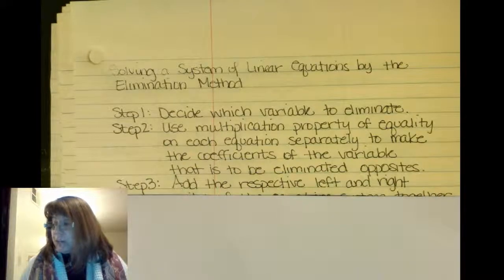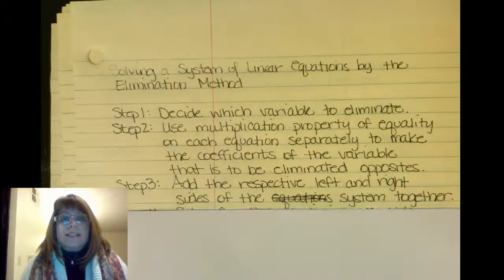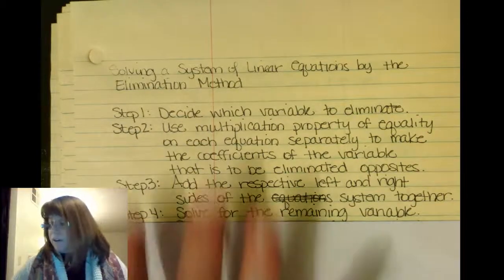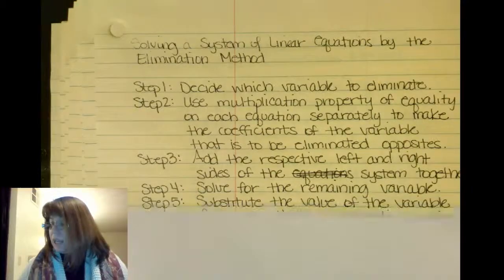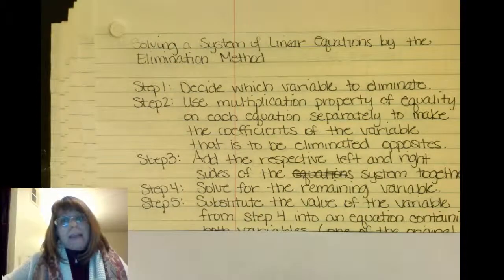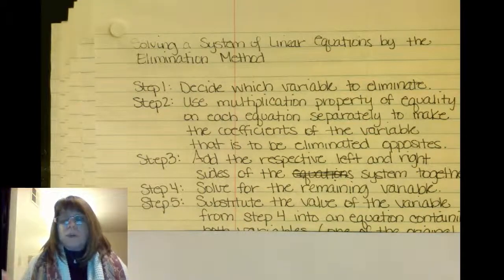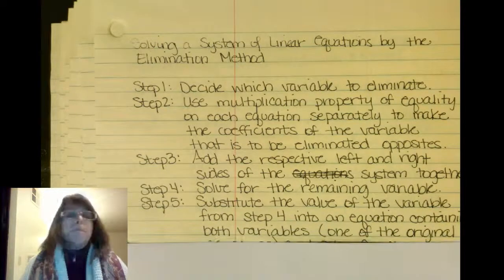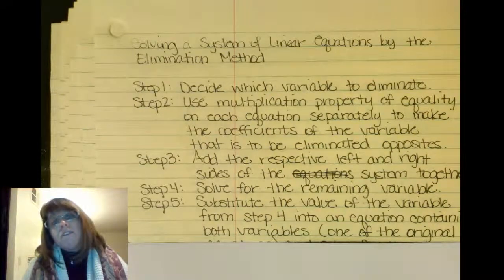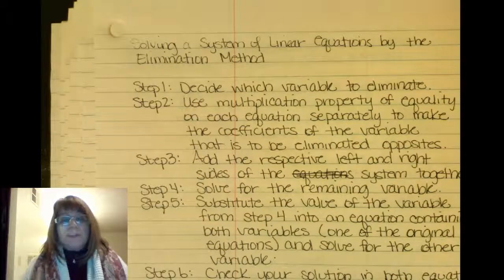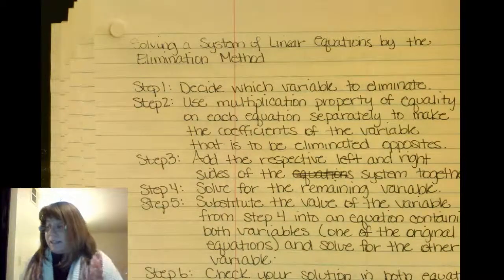Third is to add the respective left and right sides of the system together, solve for the remaining variable, that's step 4, and then I'm going to substitute the value of the variable that I found in step 4 back into one of the original equations containing both variables so I can solve for the second variable. And then of course you want to check your answer if necessary.